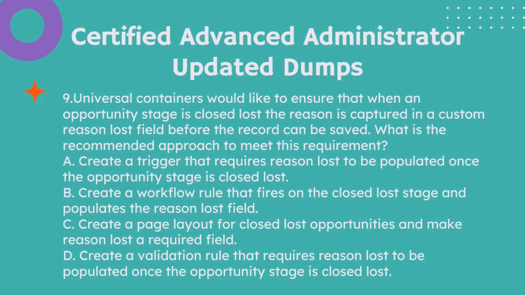B. Create a workflow rule that fires on the closed lost stage and populates the reason lost field. C. Create a page layout for closed lost opportunities and make reason lost a required field. D. Create a validation rule that requires reason lost to be populated once the opportunity stage is closed lost.